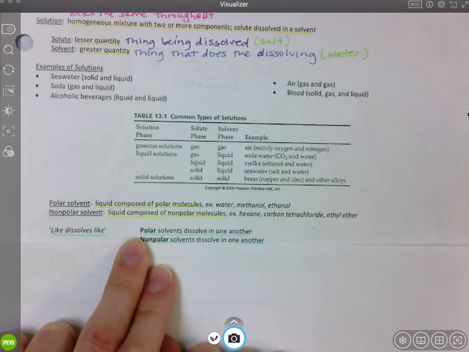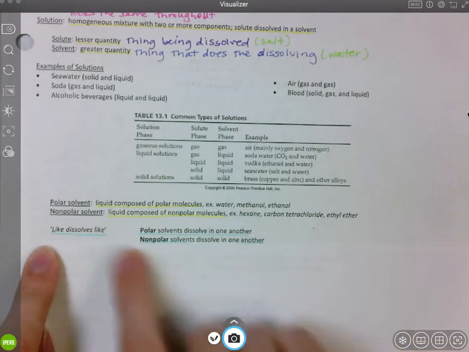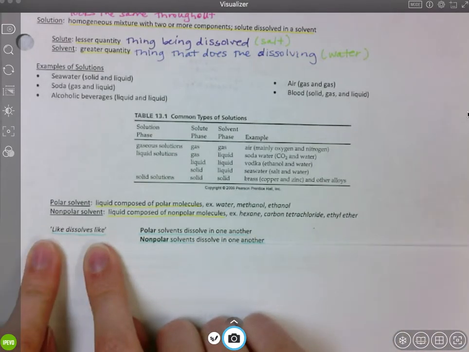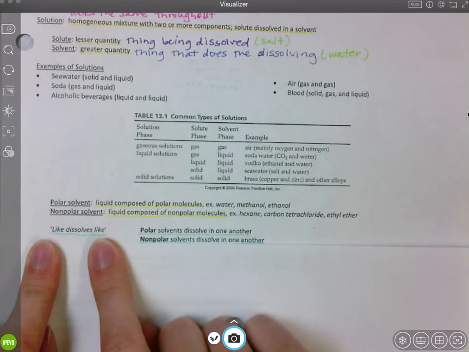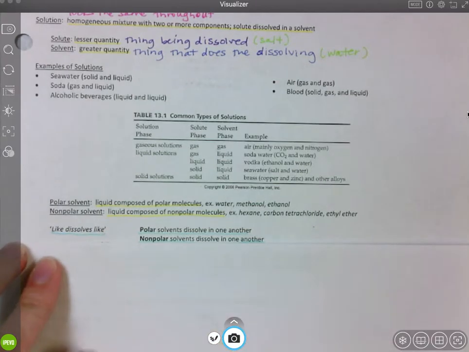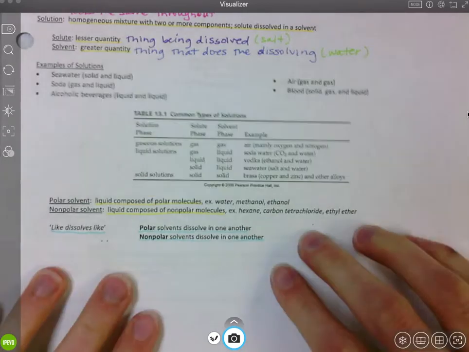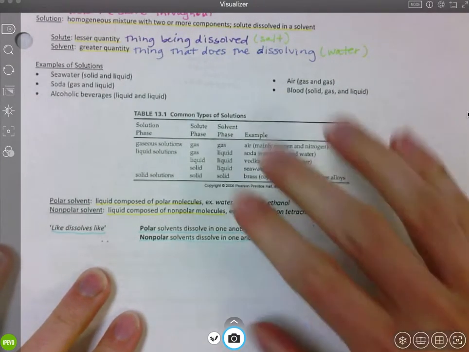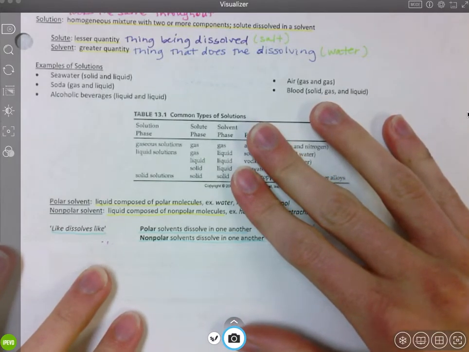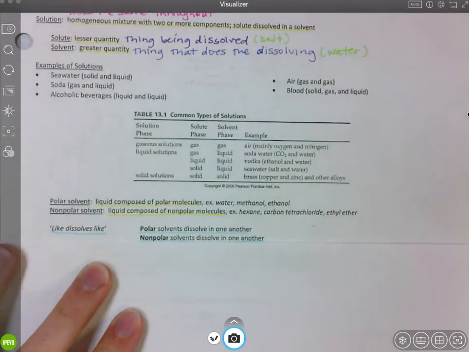So basically, polar is going to dissolve polar, and non-polar is going to dissolve non-polar, like dissolves like. A polar substance is not going to dissolve a non-polar, just like a non-polar is not going to dissolve a polar substance. So like dissolves like. It's just one of those universal rules, kind of like opposites attract.